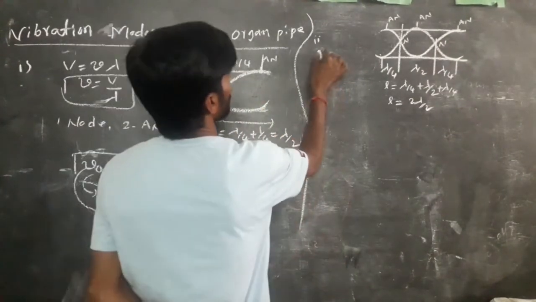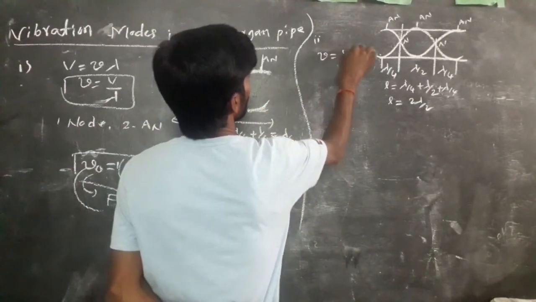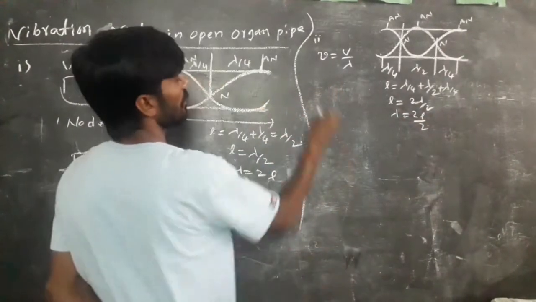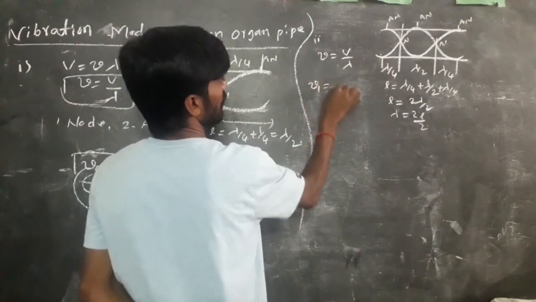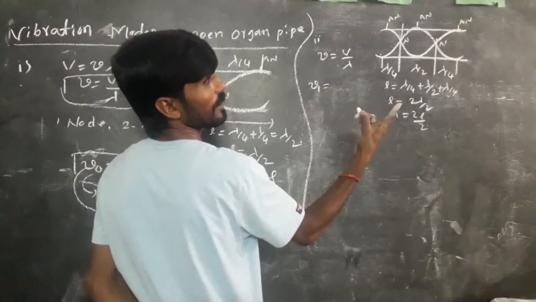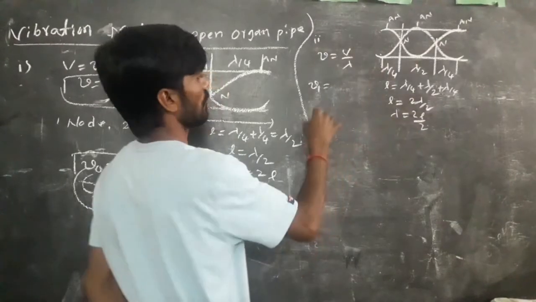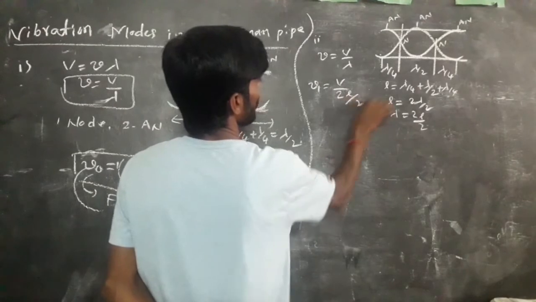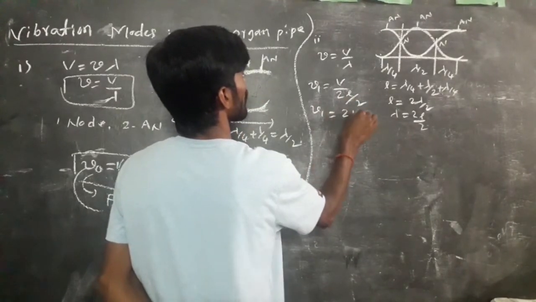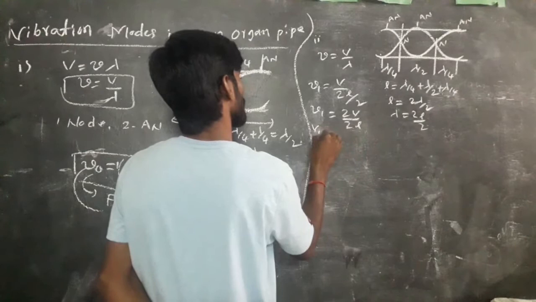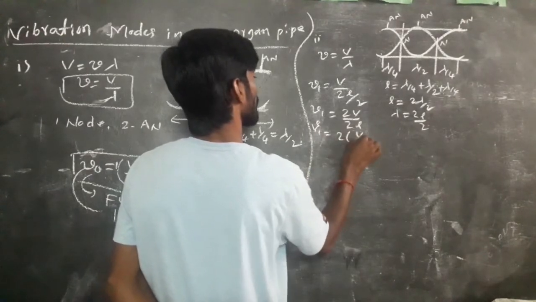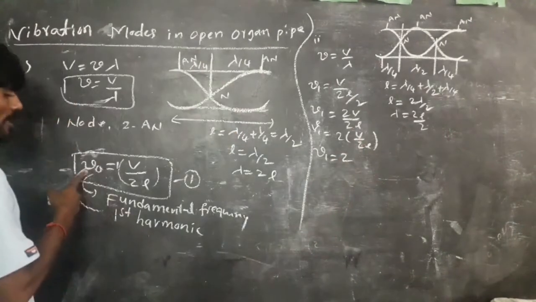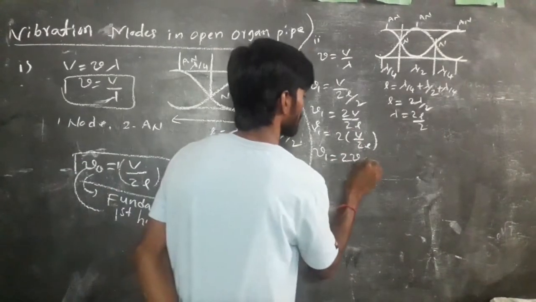So now from the fundamental equation, mu is equal to V by lambda. Here lambda is equal to 2L by 2. Then in the second one, I am taking mu1. Mu1 means second harmonic or first overtone. So mu1 is equal to V by lambda, with lambda equal to 2L by 2. Then mu1 is equal to 2V by 2L, that is 2 times V by 2L, and then we can write mu1 is equal to 2 into V by 2L, which is the fundamental frequency mu0.